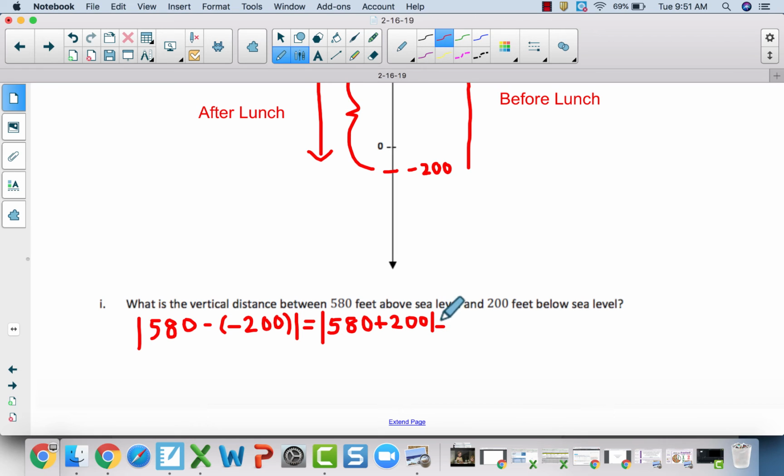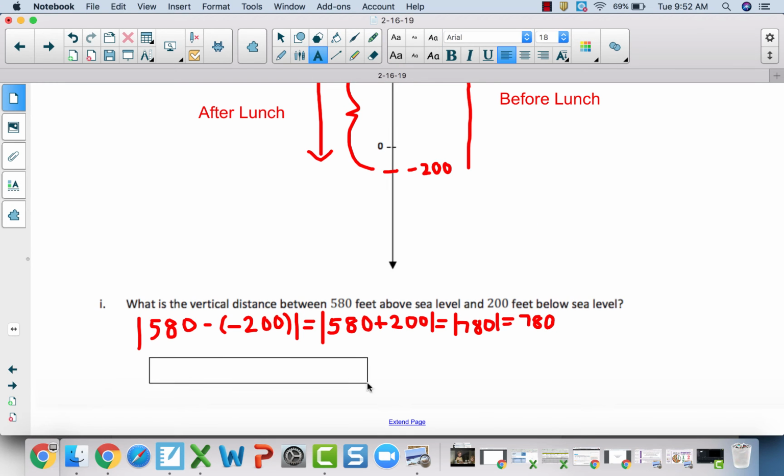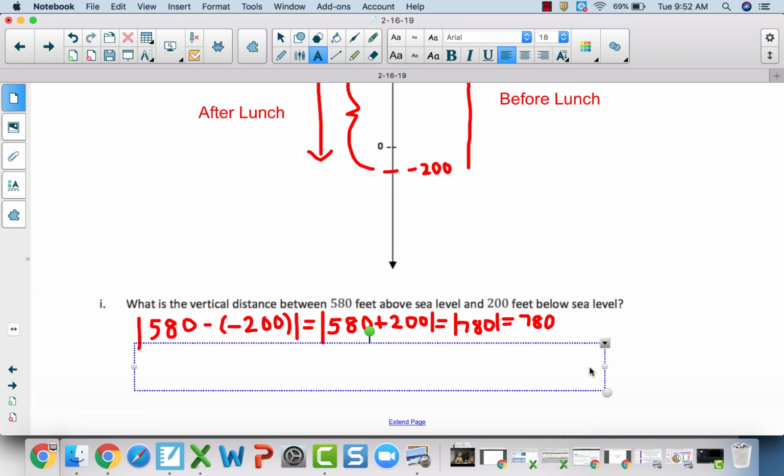So that ends up getting the absolute value of 780, which ends up getting 780 because 780 is 780 units away from 0 on a number line. So as a complete sentence here, the vertical distance is 780 feet.